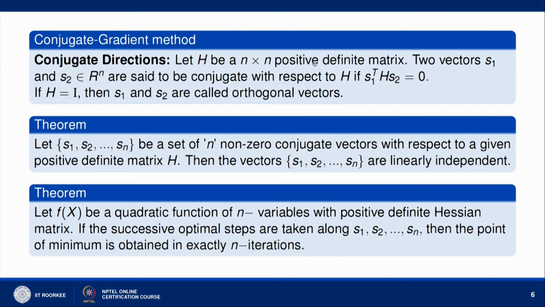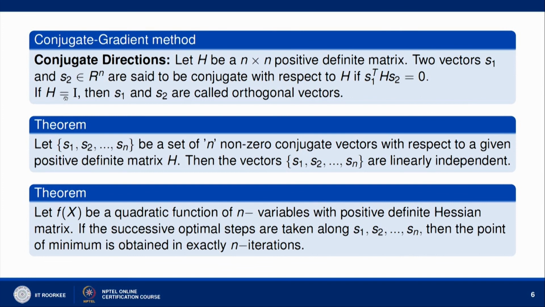Two vectors S1 and S2 belonging to Rn are said to be conjugate with respect to H if S1 transpose H S2 equals 0. If this equation holds, where H is a positive definite matrix, then the vectors S1 and S2 are called conjugate vectors with respect to the matrix H, or conjugate directions.